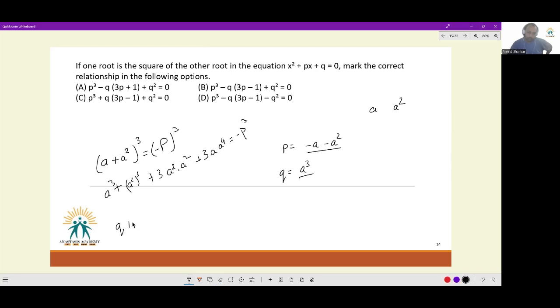This is Q square, plus this is 3 times Q square, plus this is 3 times A raised to the power 5. That is so bad. A square or Q. This is also not that. This is Q into A. Okay.